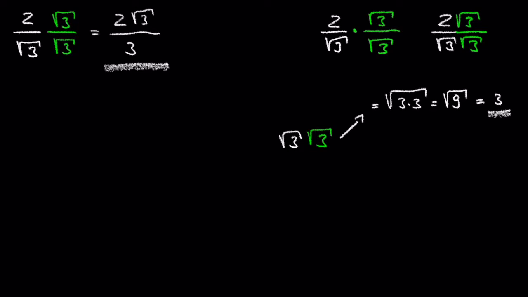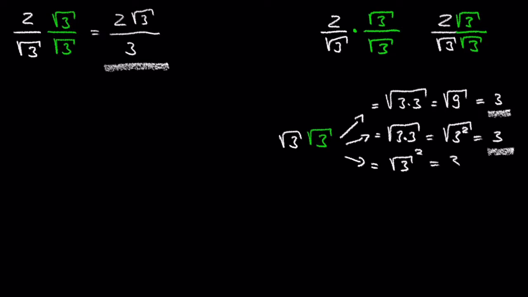Or you can write it as the square root of 3 times 3, which is the square root of 3 squared, which is also 3. Or you can write it as the square root of 3 and raise that to the power of 2, which is also 3. Or the easiest way, just write the 3.